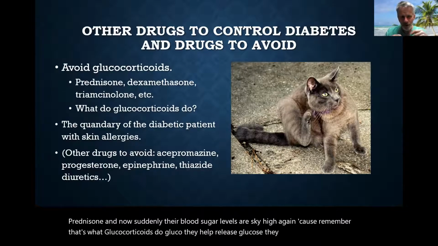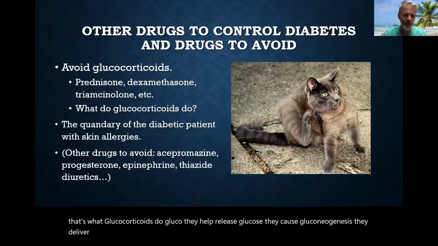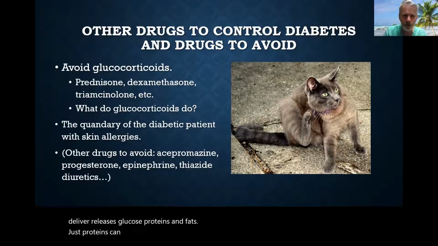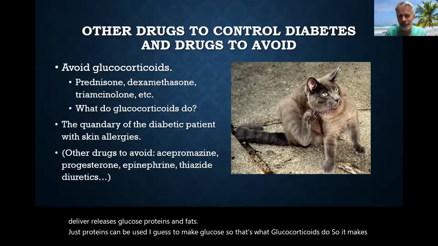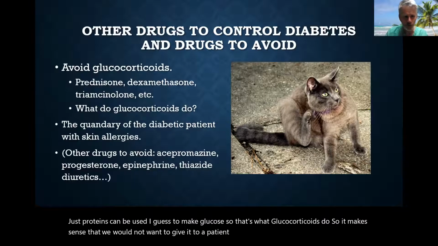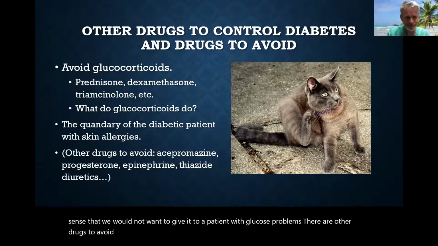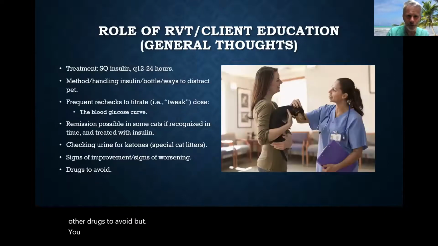They cause gluconeogenesis. The liver releases glucose, proteins and fats. Well, I guess proteins can be used to make glucose. So that's what glucocorticoids do. So it makes sense that we would not want to give it to a patient with glucose problems. There are other drugs to avoid, but glucocorticoids would be the main one.